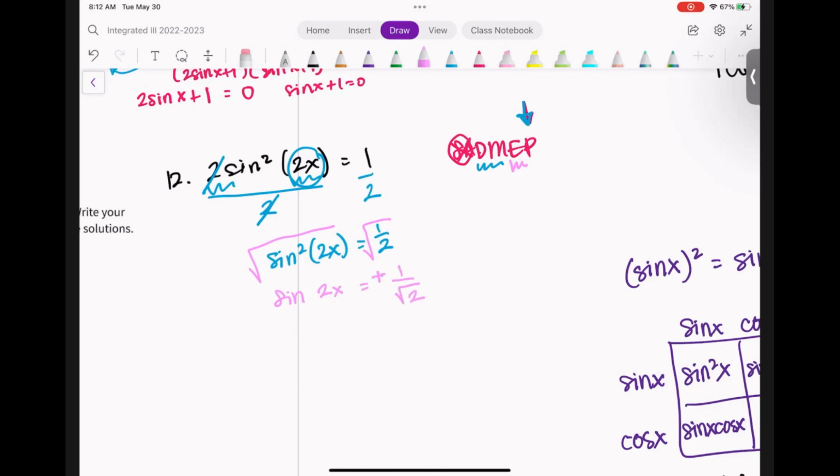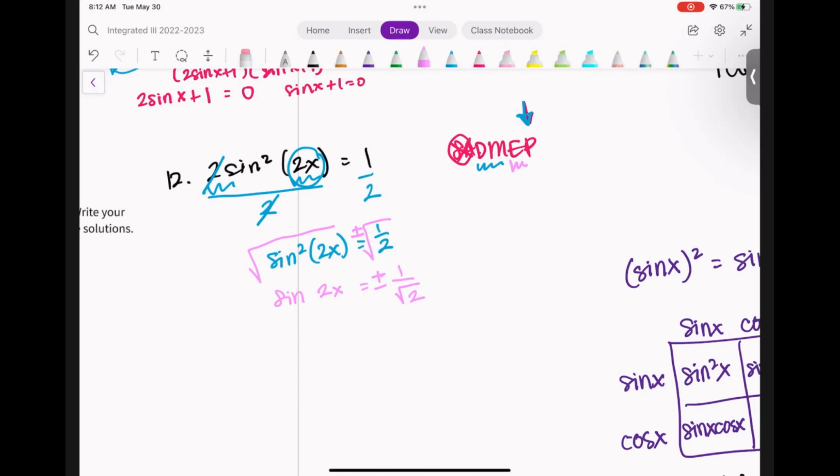So here I'm going to put a big plus or minus. Ms. Johnson, where does the plus or minus come from? Again, this is where your calculator does not give you the solution. Unless you look at the graph, it'll show you both solutions. But when you put in the square root of 1 over 2, it gives you one answer, the positive version of it.